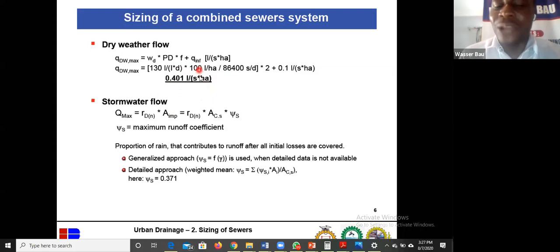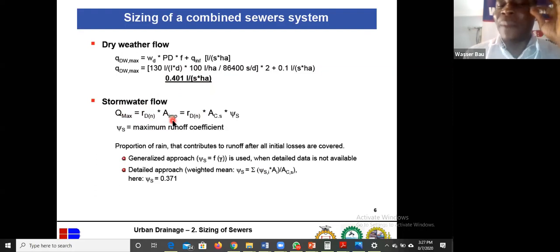For the stormwater, how do you calculate runoff? To calculate your runoff, represented by Q, you multiply the rain intensity, which is a function of duration and frequency. In other words, your rain intensity must capture what the duration is and what the frequency is. And then you multiply it by the impervious area.